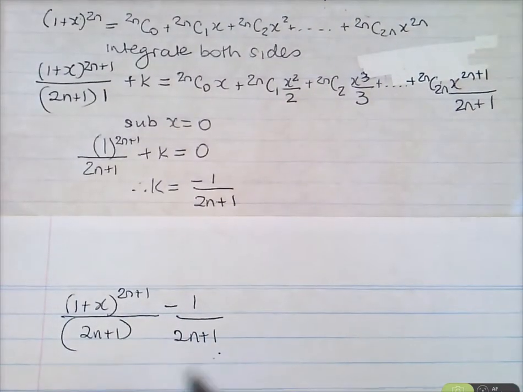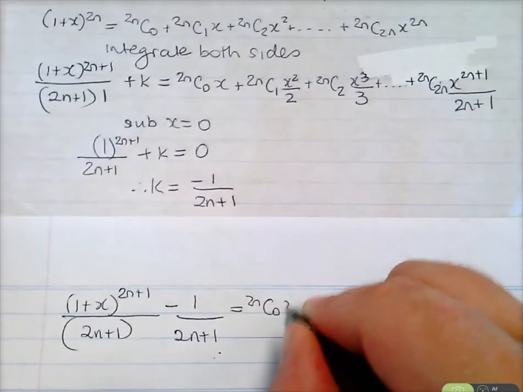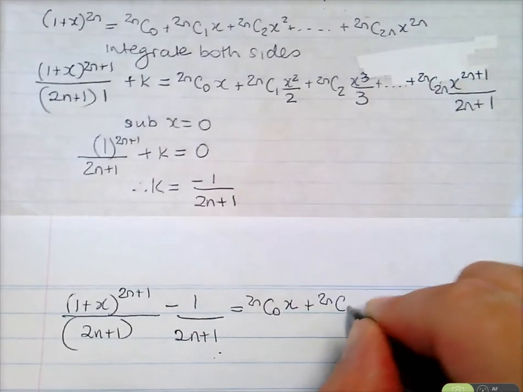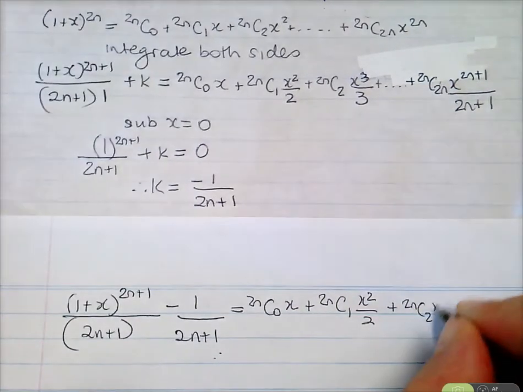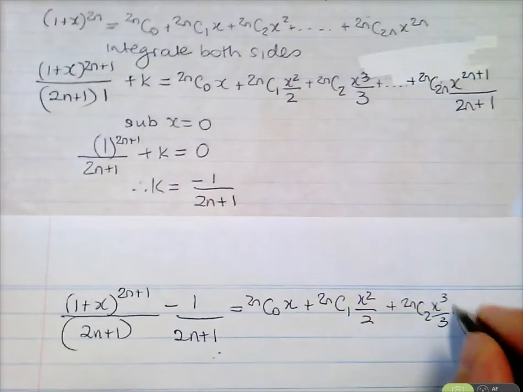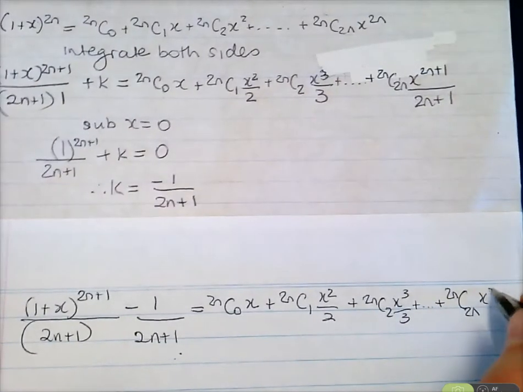Notice I've got same denominator here, is equal to 2nc0 x plus 2nc1 x squared on 2 plus 2nc2 x cubed on 3 plus 2nc2n x to the 2n plus 1 over 2n plus 1.